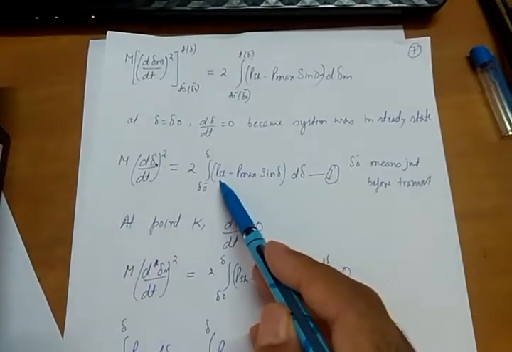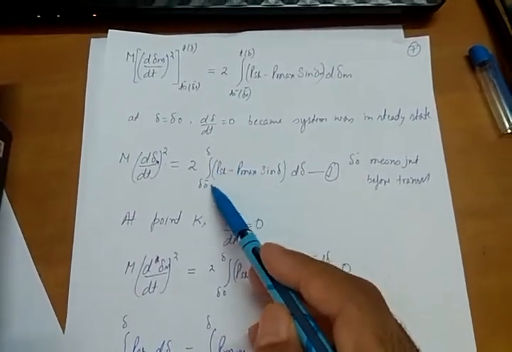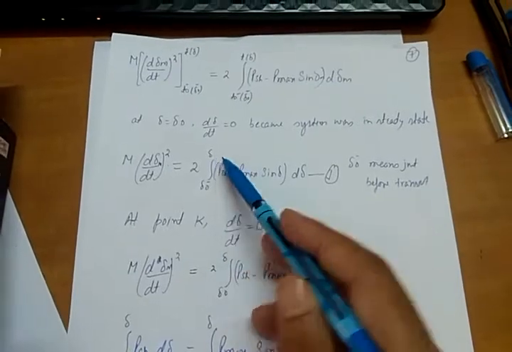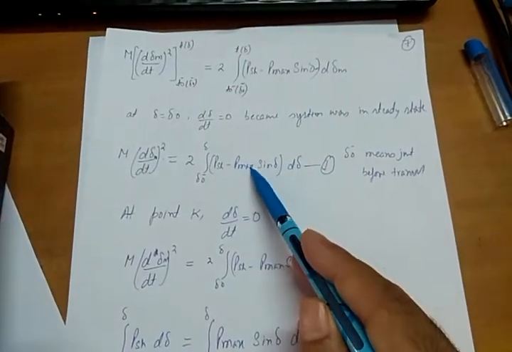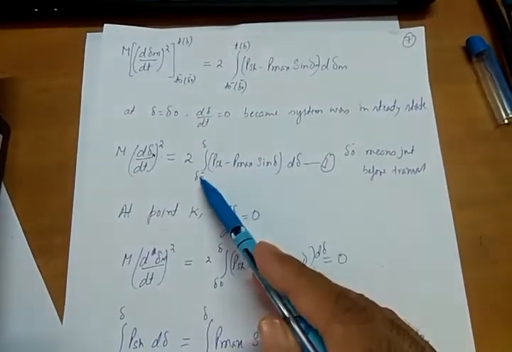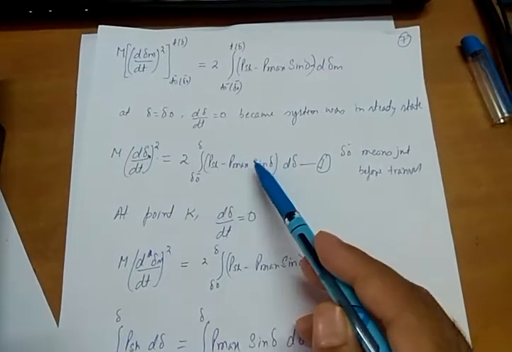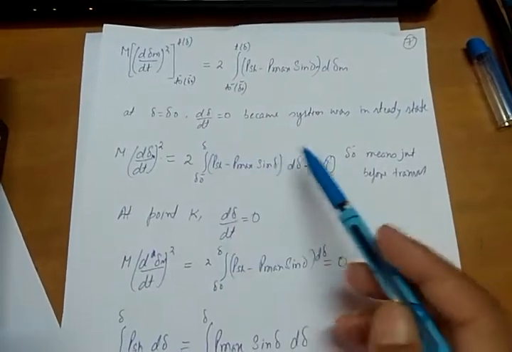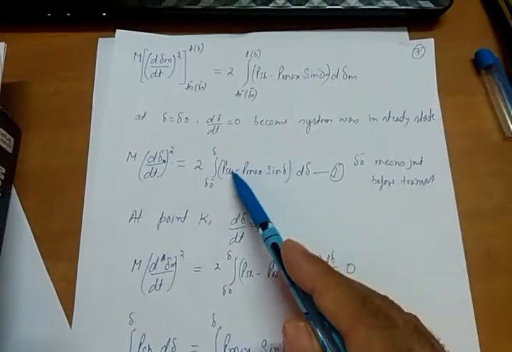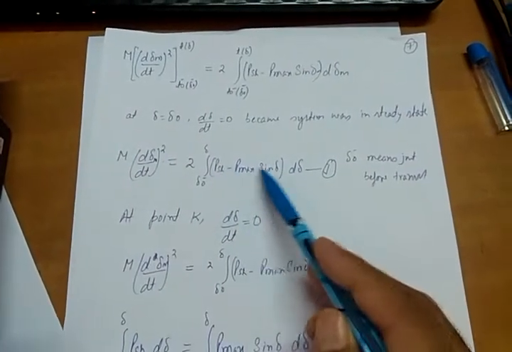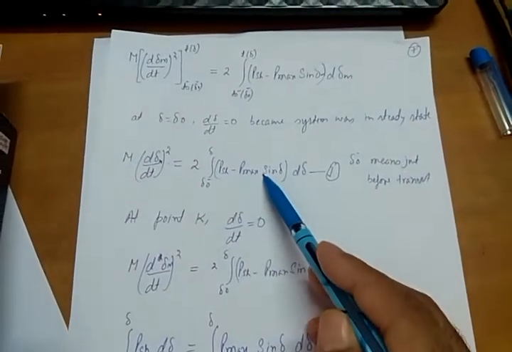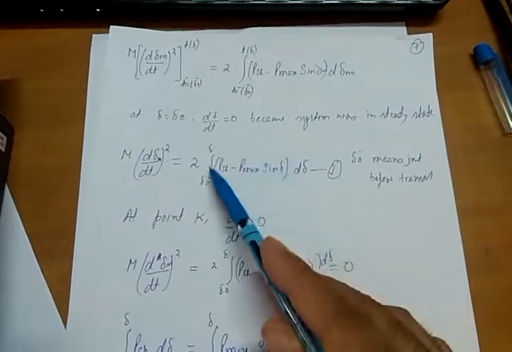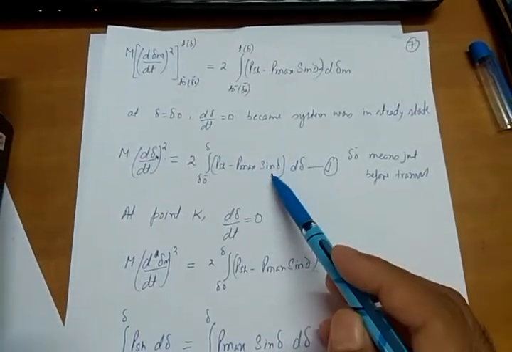In this equation, the integral of P shaft from delta naught to any point delta, minus the integral of P electrical from delta naught to any point delta, when both these terms are equal, what will happen to the right hand side of this equation? It will become 0.